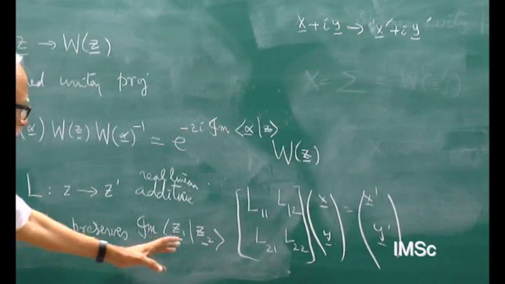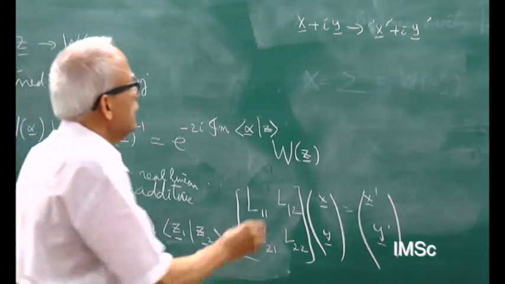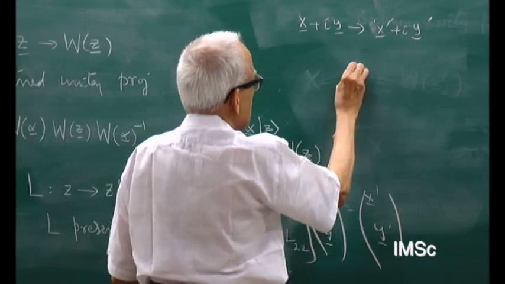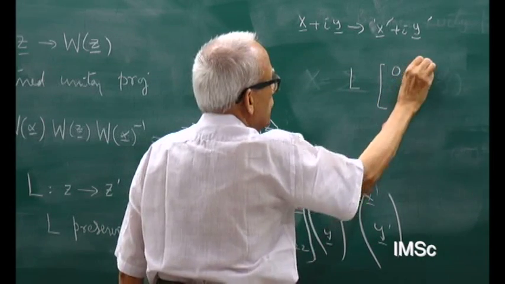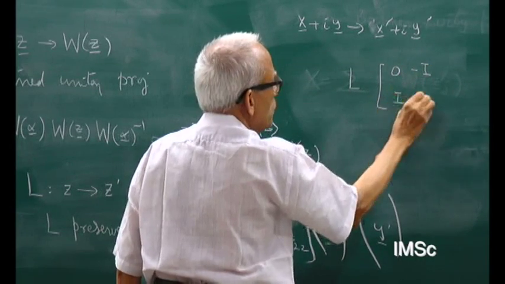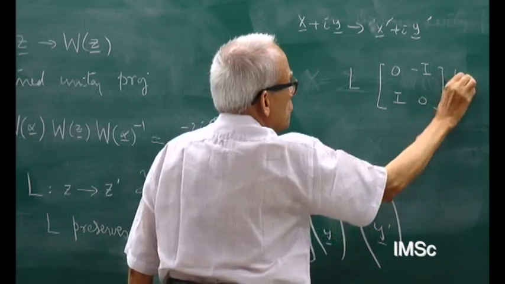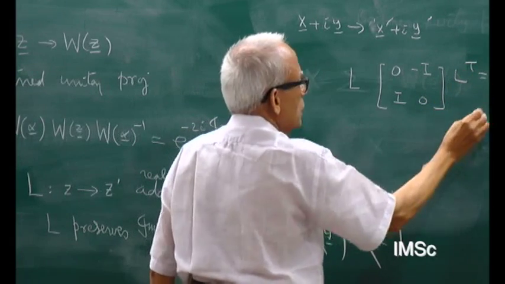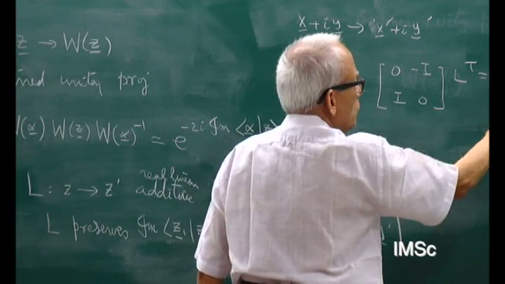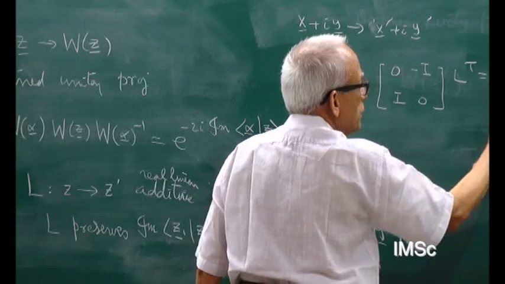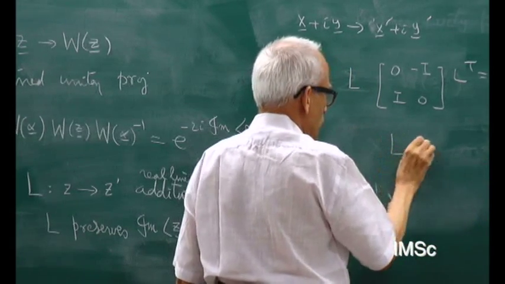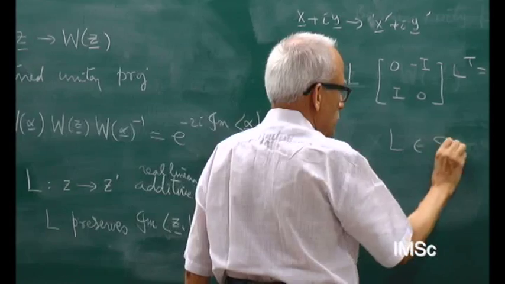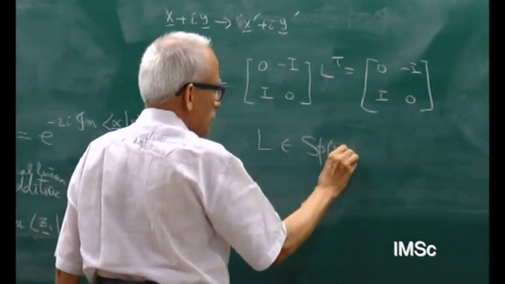And if it preserves the imaginary part, that means the transformation L has the property L (0 minus I, I 0) L transpose equal to again (0 minus I, I 0). That means all these L come from Sp(2n, R).